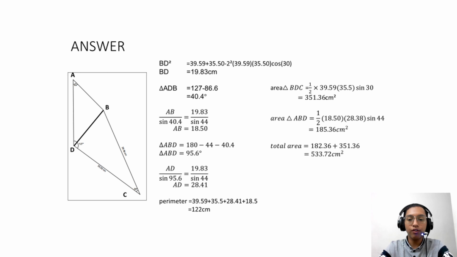For the area of ABD, we will use the same calculation and we'll get 185.36 cm squared. For the total area, we just add the BDC area and the ABD area, and we will get 533.72 cm squared.